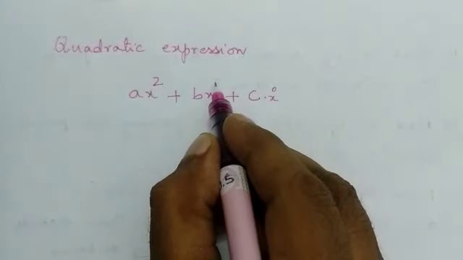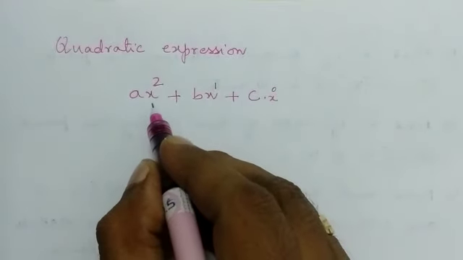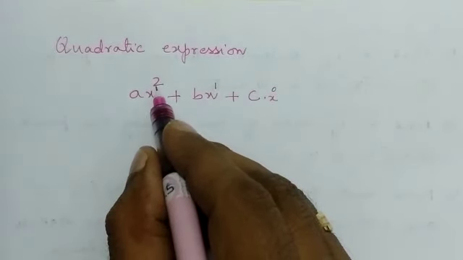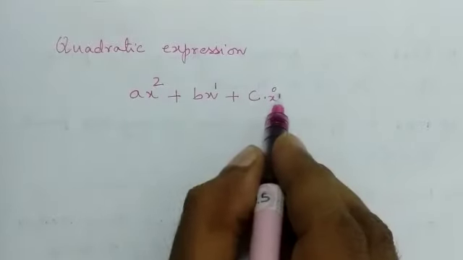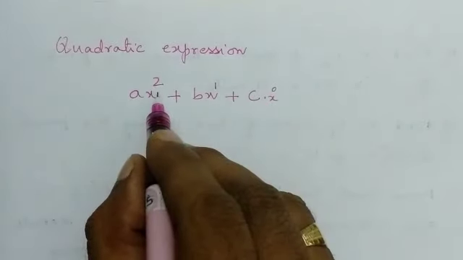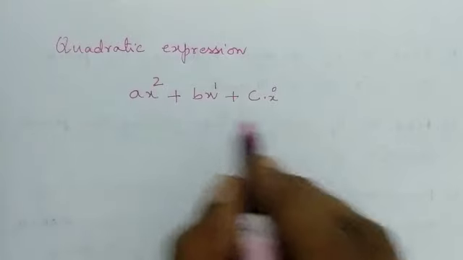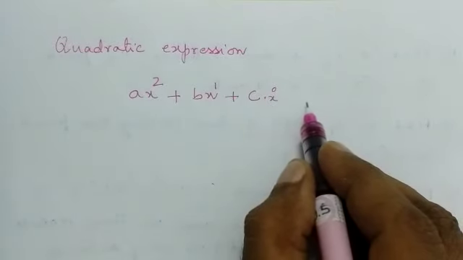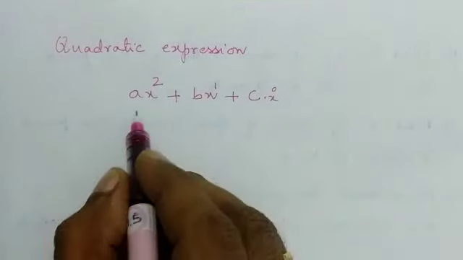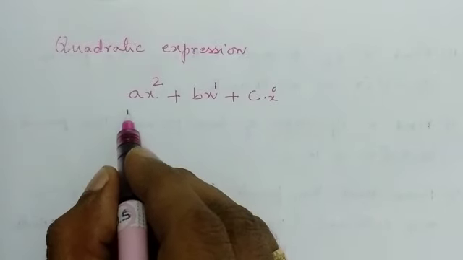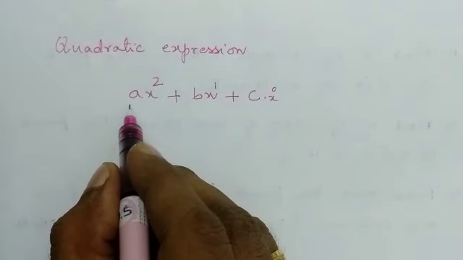Here the power of x is 1. Here the power of x is 2. What is the highest power of x? 2. If the highest power of x is 2 and moreover its coefficient is not equal to 0.